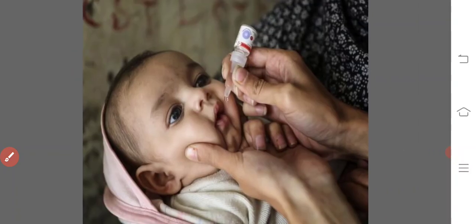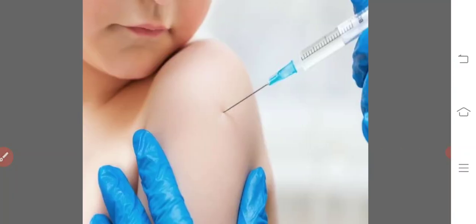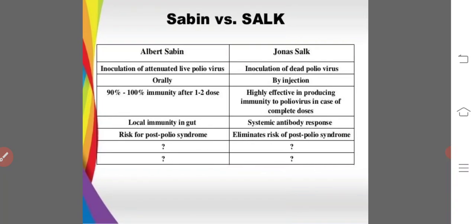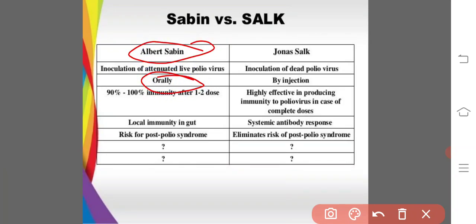This is the oral polio drops, and this is the injectable polio vaccine. Sabin and Salk are the names of the scientists: Albert Sabin, who prepared the oral polio drops, and Jonas Salk, who prepared the injectable polio vaccine.